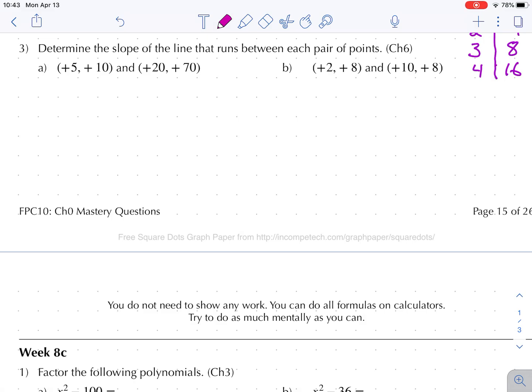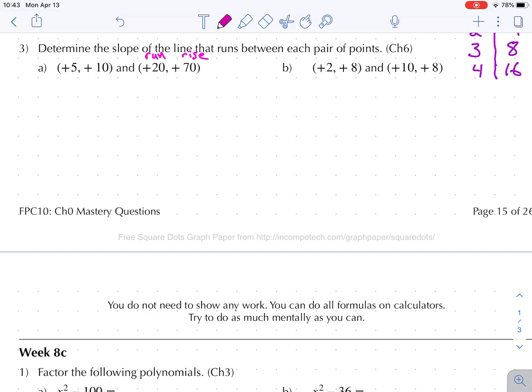Our run is how far the distance is between the points horizontally. Our rise is how far apart the points are vertically. So our run has to do with our x values for our points, and our rise has to do with our y values.